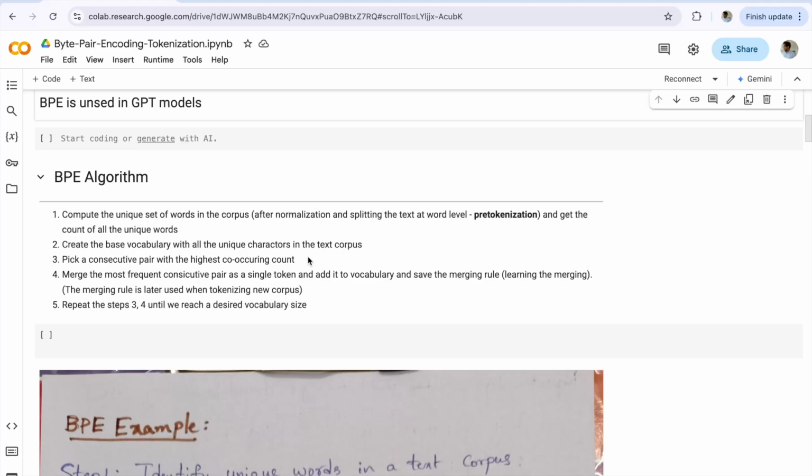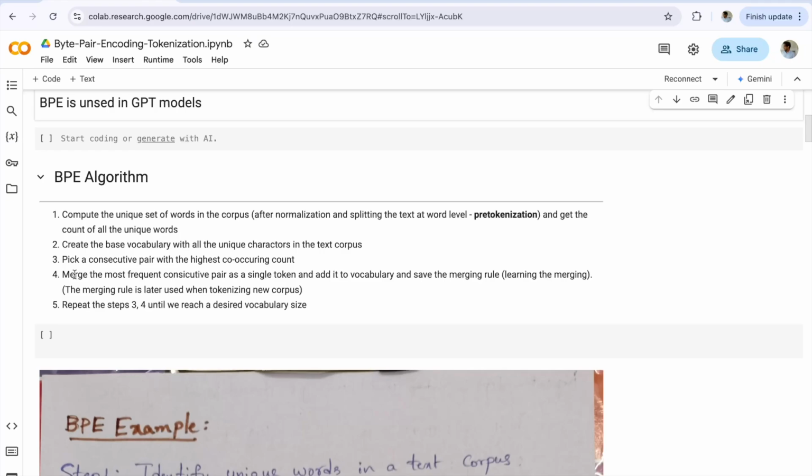I'm just first listing the steps in the algorithm. We identify that highest co-occurring pair, and consider that as a merge rule. So if two letters, let's say C and A, are occurring most frequently in our corpus, we combine them into a single token CA, and we treat that combination as a merge rule.